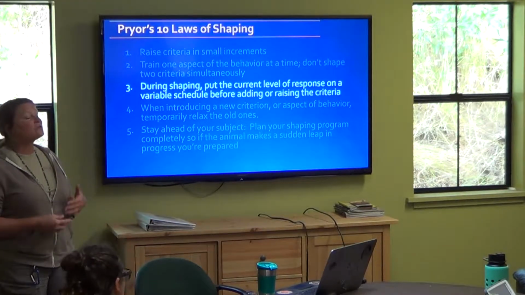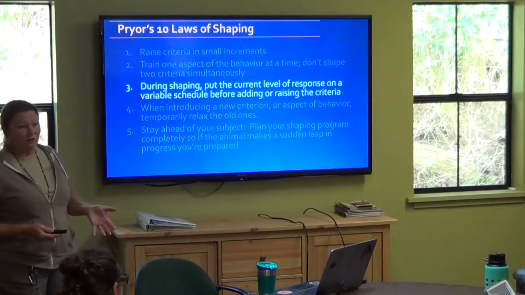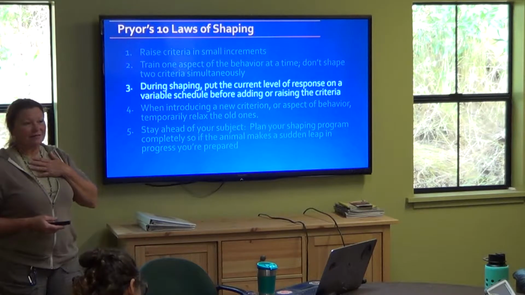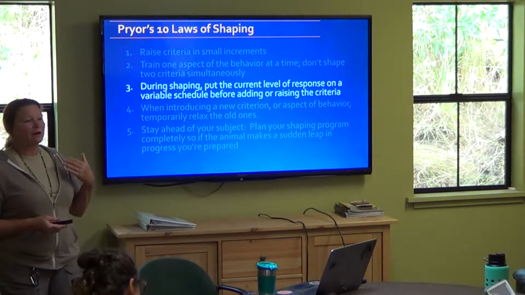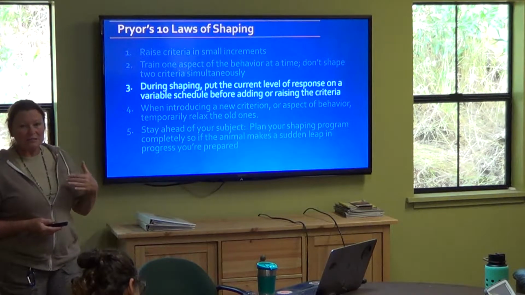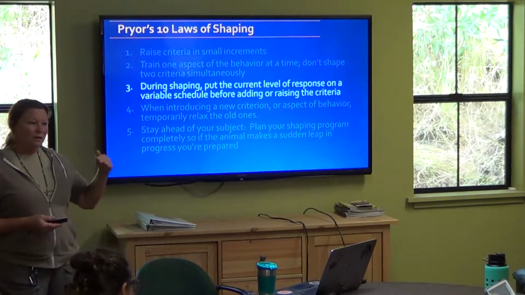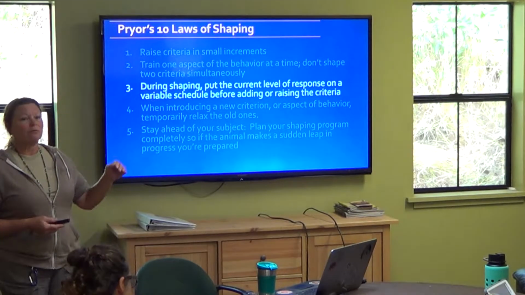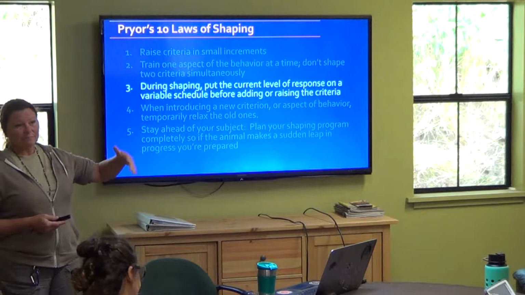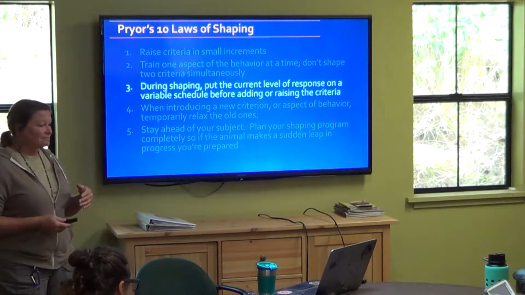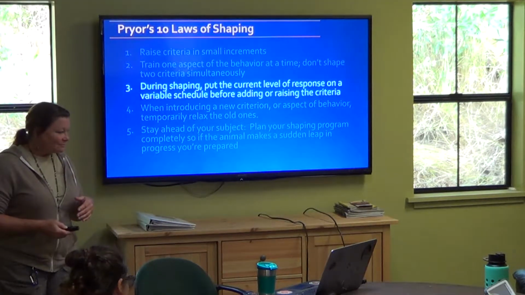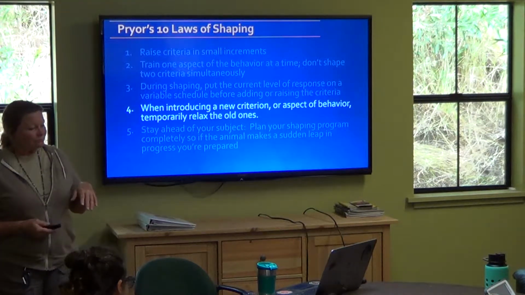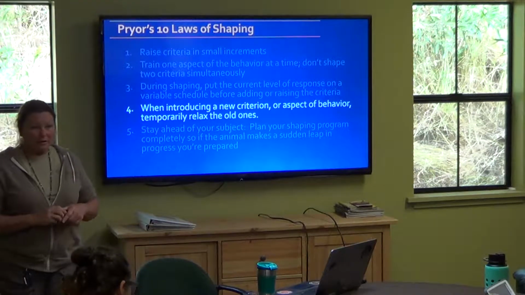Sometimes I absolutely do use a variable schedule, but in my experience, and I'm not saying it's the wrong way to do it, I have not found it necessary to put one step of my shaping plan on a variable schedule purposefully before moving to the next step. So that one's more of a guideline. I'll use injection training again for this example.